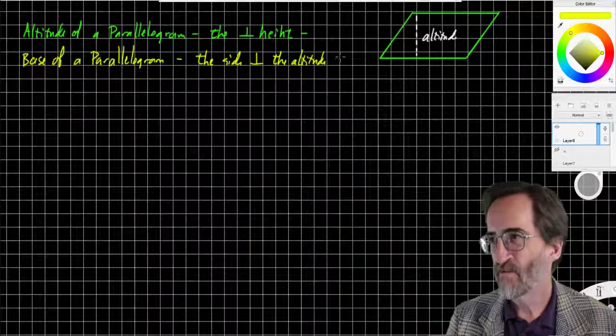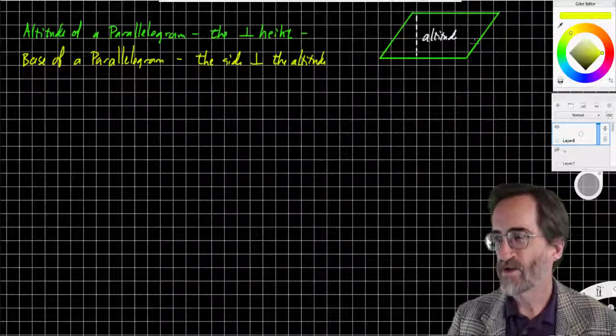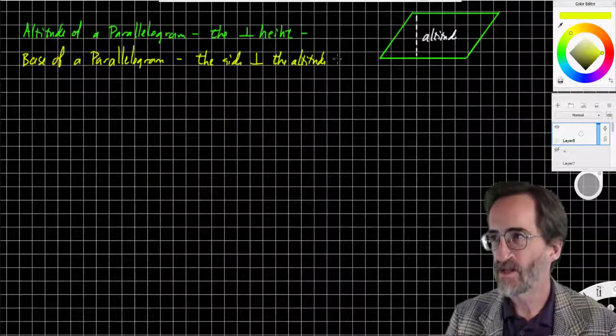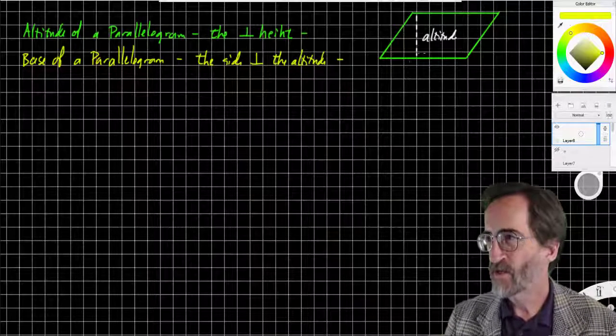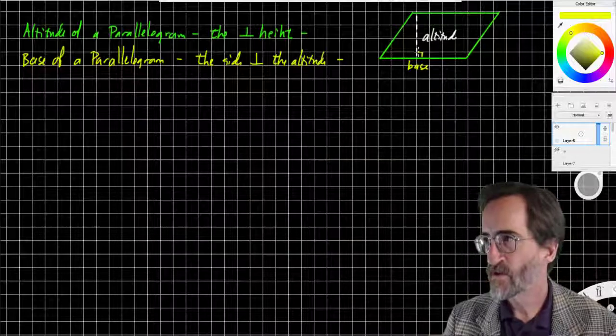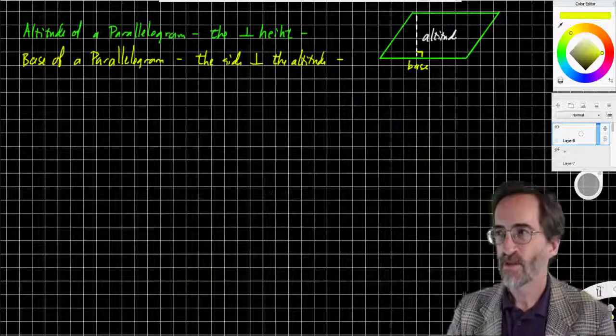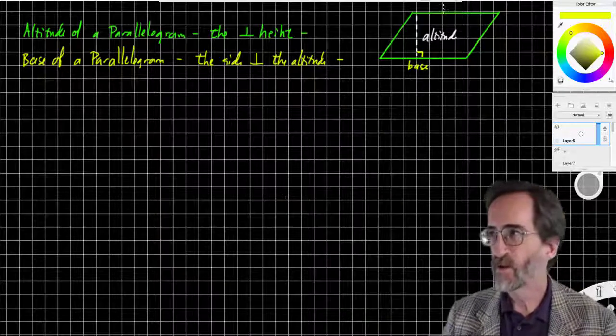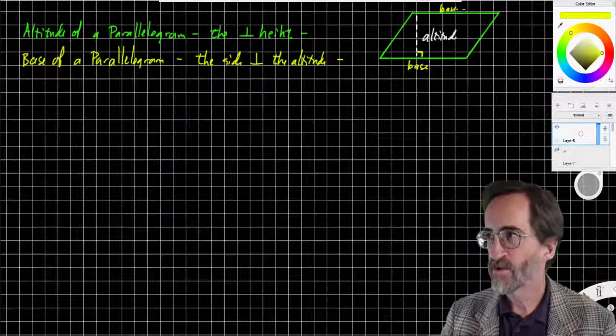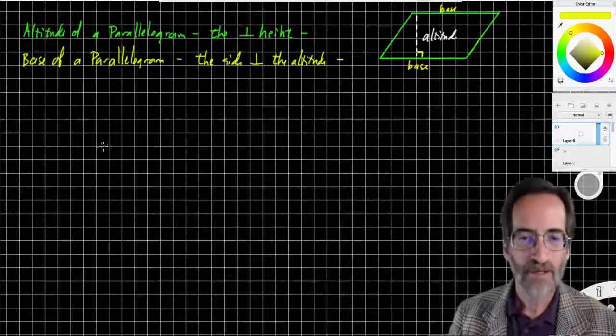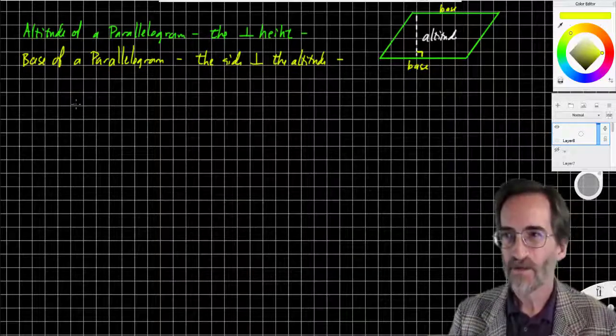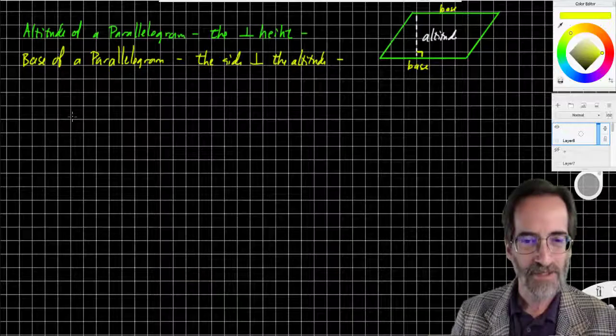Because actually, if we turn this parallelogram up on its side, we could make any side the base. Particularly, it's the one that is perpendicular to the altitude. So that's the base. Note that it would be logical to call this the base as well. So there are two bases that way. All right.